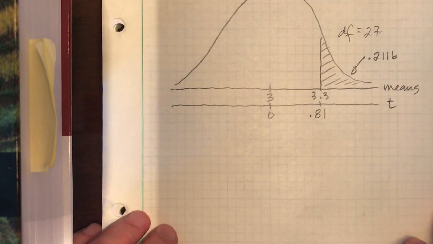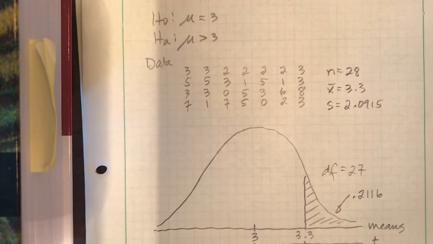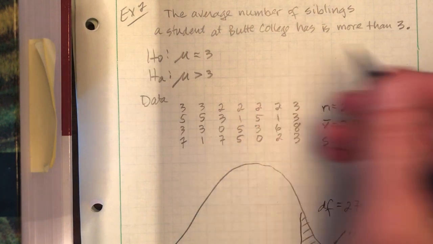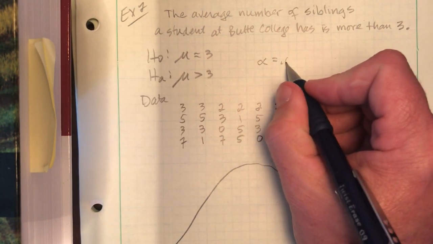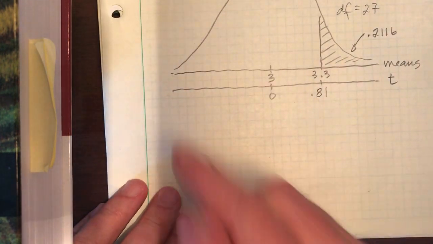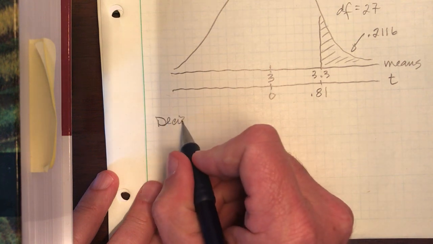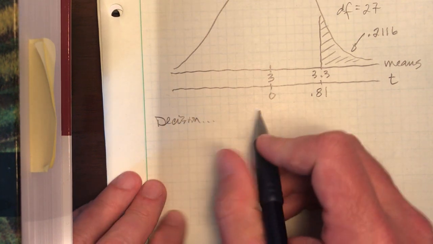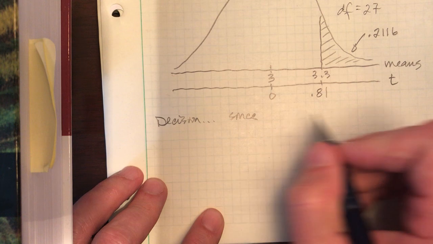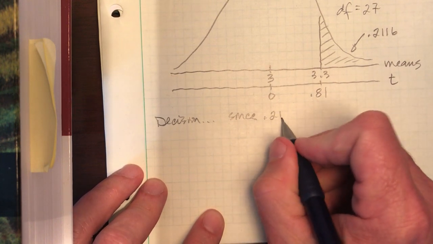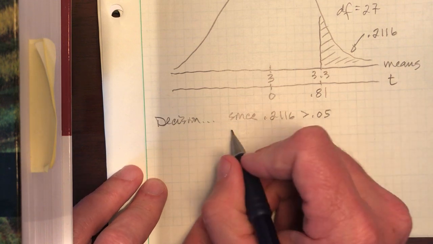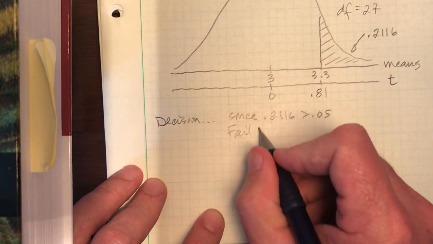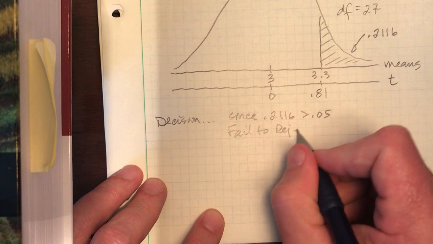So again, I didn't write it at the top. Maybe I, again, should make it very clear. Let's say my alpha level is 0.05, the usual. So I can make a decision right now. This time I'll start by noticing since my p-value is greater than my alpha level, the decision is fail to reject the null.